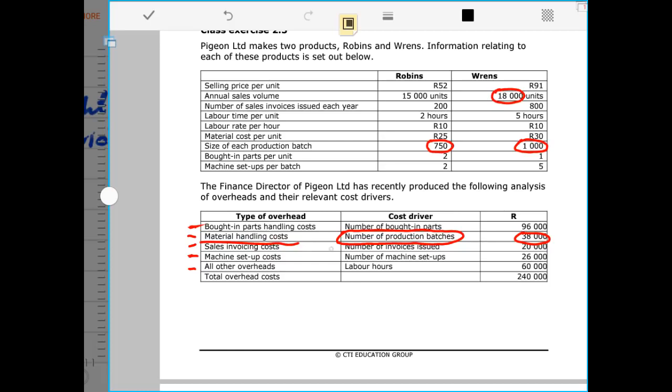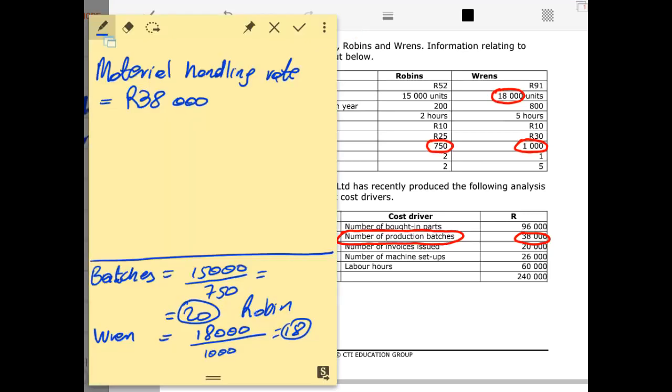We are told that material handling cost is based on the number of production batches, and we know that our calculation showed us that we have 20 batches that were made out of the total batch of 750, and we have 18 that was out of the 18,000 units, which is the number of batches.